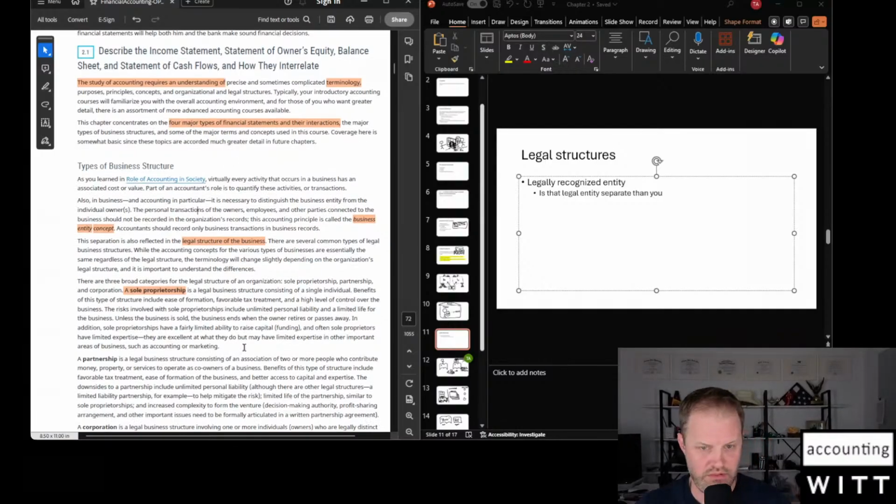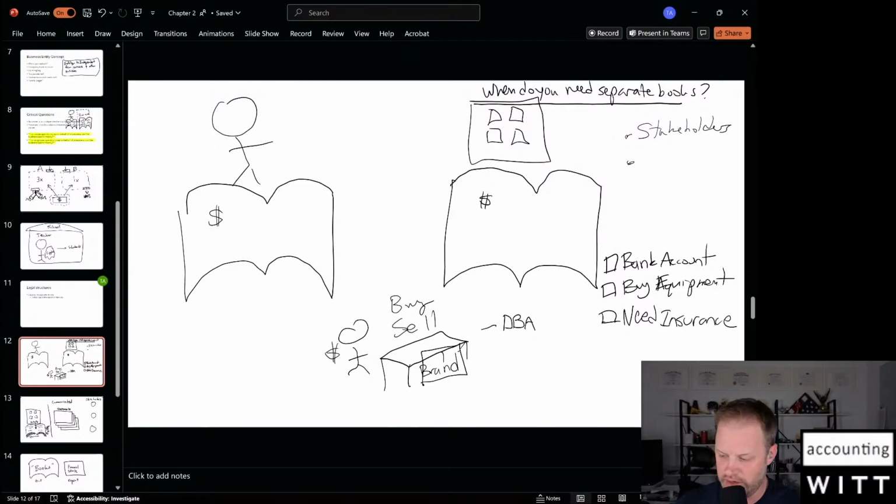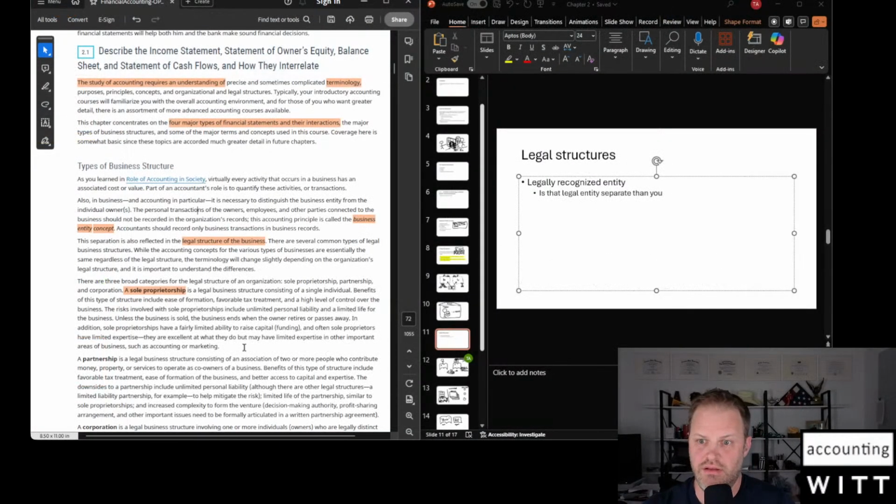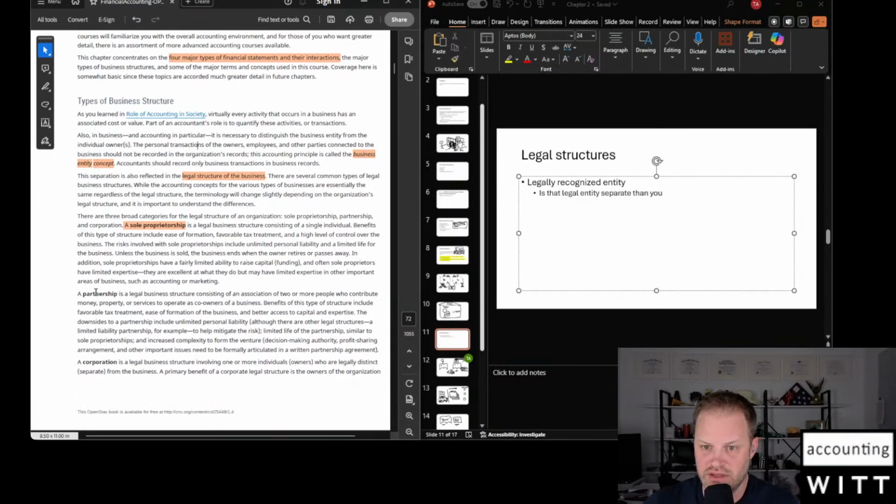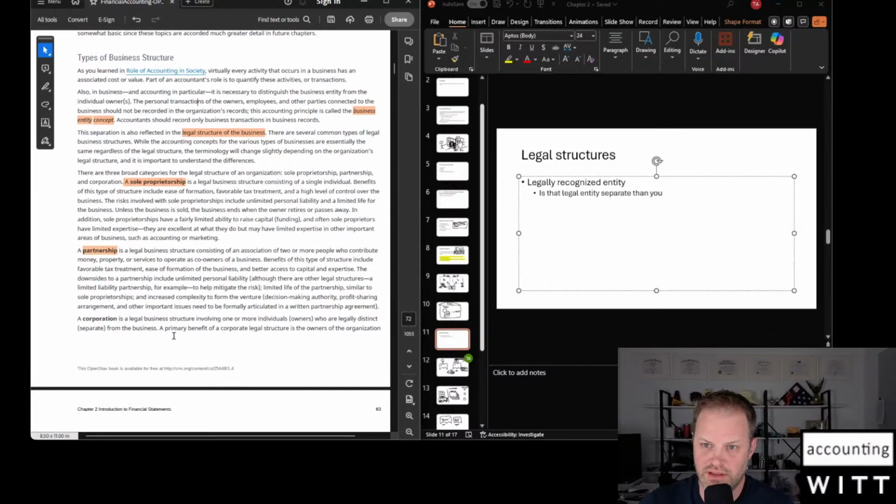Now, when you start to say, all right, we want this legal entity to be owned by more than one person, that's where partnership comes in. Then, if you want it to be owned by a completely separate entity that's like its own legal person, separate than you, that's where corporations come in.